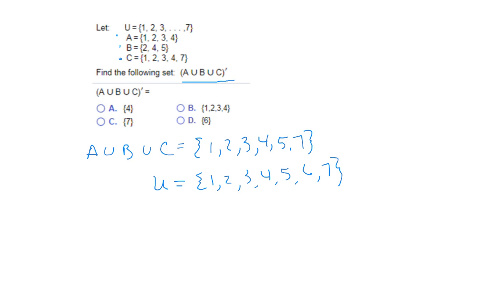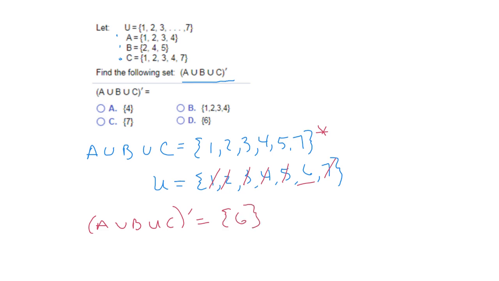What we're actually looking for is the complement of A union B union C. So the complement means we want to eliminate the items that are in A union B union C. So as we eliminate each one, it just leaves me with the number 6.